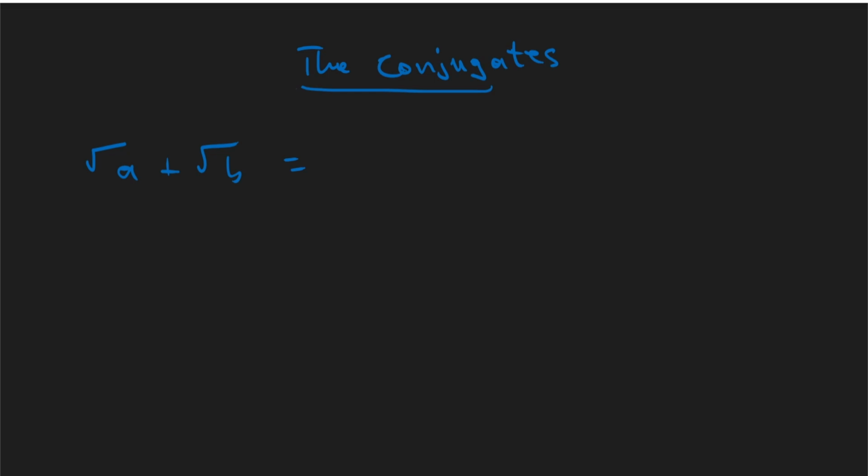Its conjugate is root a minus root b. For the conjugate, we only change the operation between them. This expression involves two terms, a binomial. So we just change the operational sign. The plus becomes minus. If it's a minus, it's going to become plus.